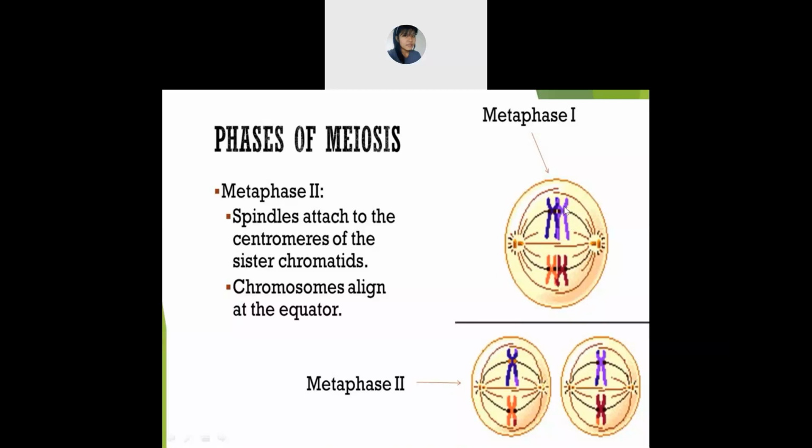Nucleolus, nuclear envelope. Is it still visible, Durgishri? Yes, ma'am. Is it still visible? Can you see? Yes, ma'am. Okay, Asim, can you still see the nuclear envelope and the nucleolus?